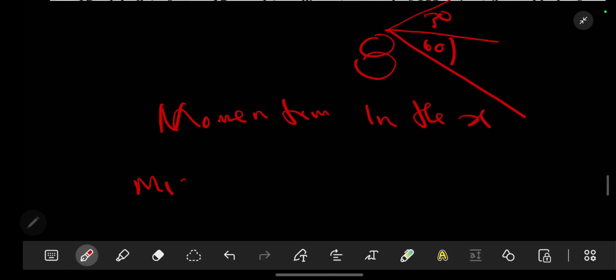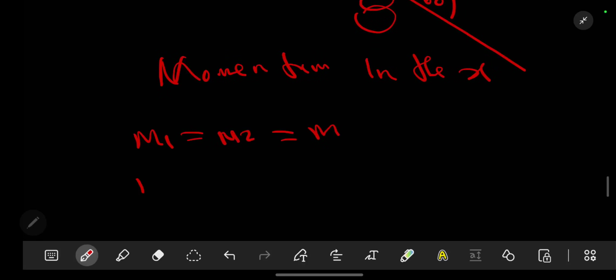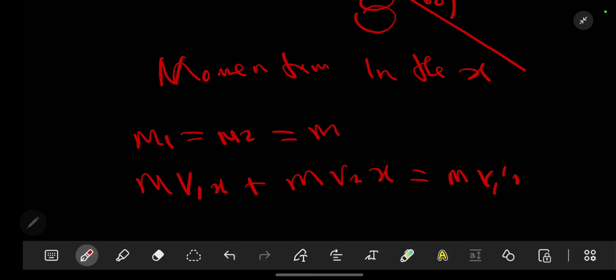Knowing that m1 is equal to m2, which is equal to m, we say m v1x plus m v2x should be equal to m v1 cap x plus m v2 cap x.